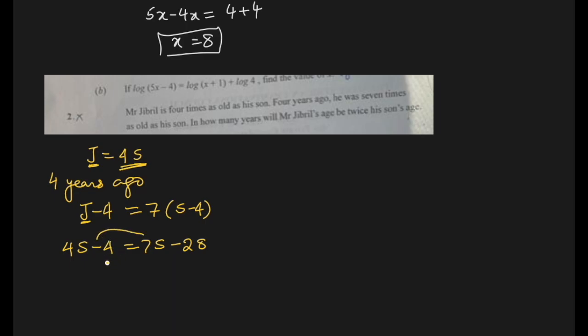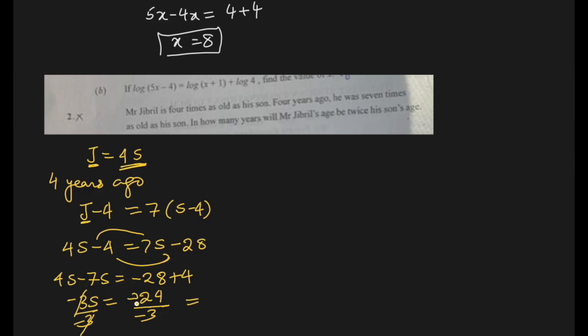Just like the previous question, I will just collect S's on one side and numbers on one side. So 4S minus 7S equal to negative 28 plus 4. Negative 3S is equal to 24. Divide both sides by negative 3. So S comes out to be negative 24 over negative 3 will be 8.